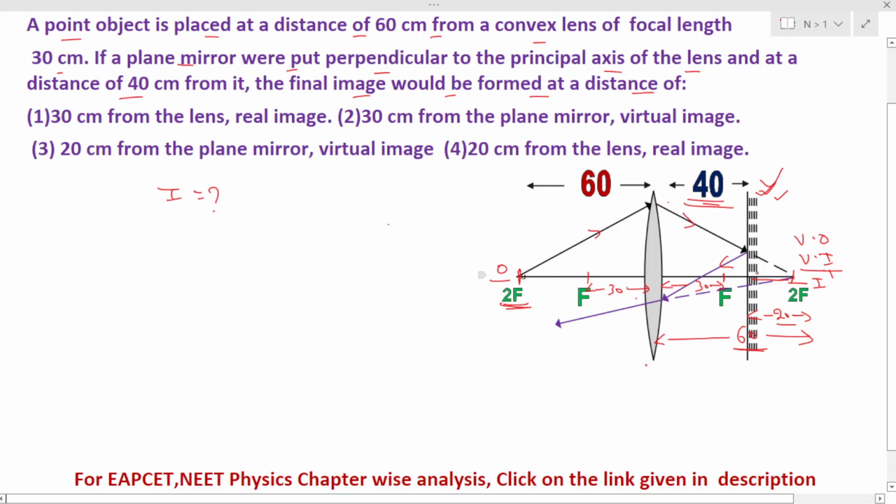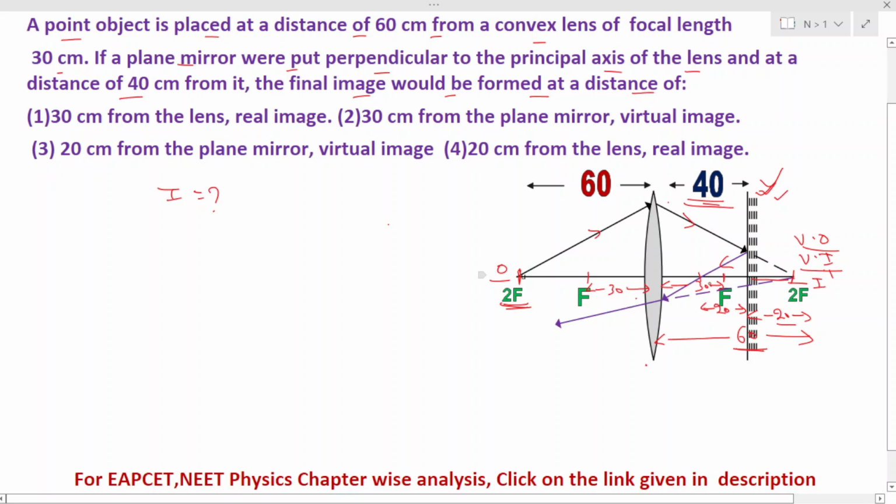That means the image formed by the mirror, because of this virtual object, will be real, and it will be formed at a distance of 20 centimeters from the mirror. Okay. Now this entire distance is 60 centimeters.